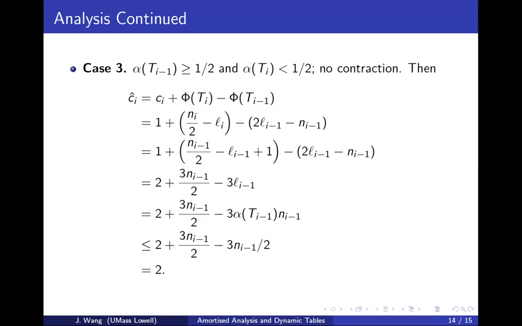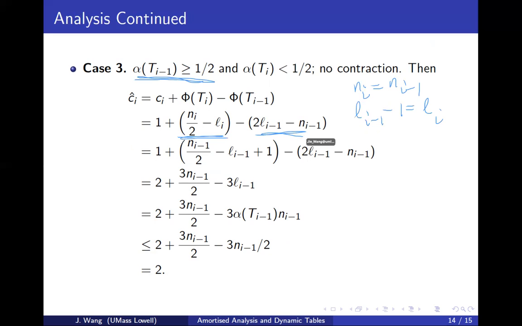So N sub i is equal to N sub i minus 1, and again, L sub i minus 1 minus 1 is equal to L sub i. For the new one, we're going to use the second part of the energy function, and for the previous one, T sub i minus 1, we use the first part of the energy function.